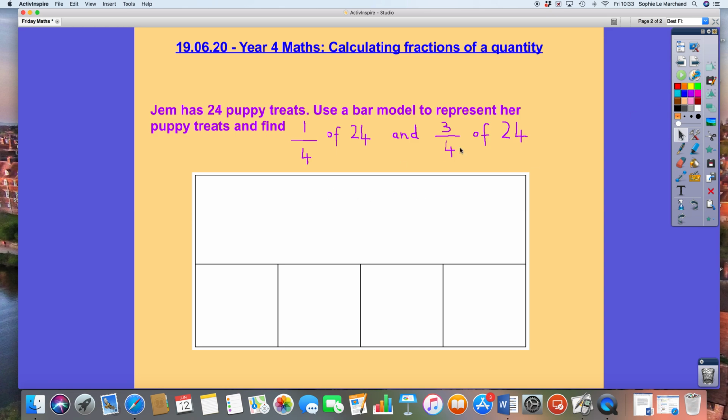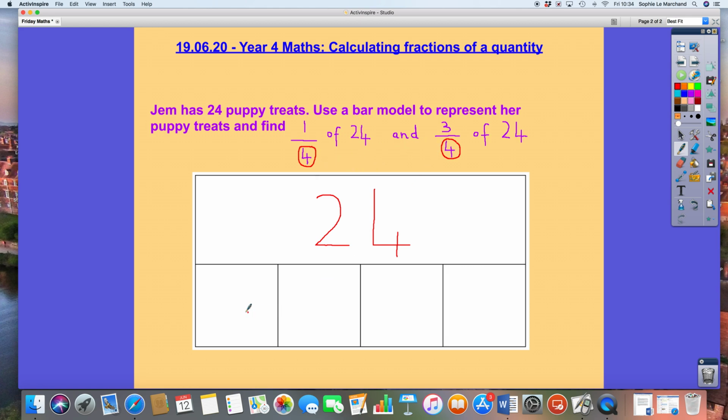Now, the total amount of puppy treats that Jem has is 24, so that goes in our top bar. And then we need to look at the denominator of the fractions that we're being asked to find. And you can see that for both a quarter and 3/4, our denominator is 4.